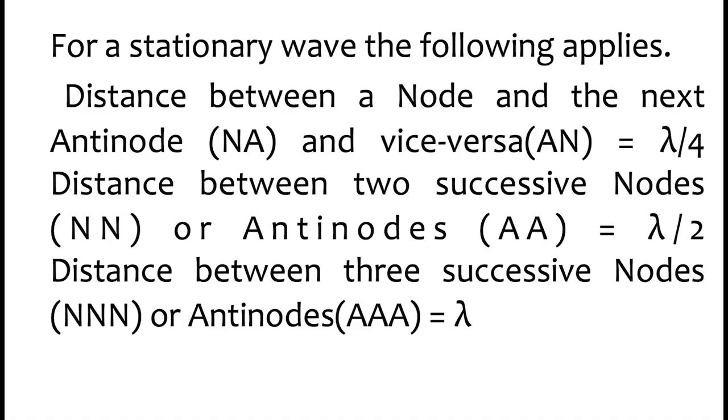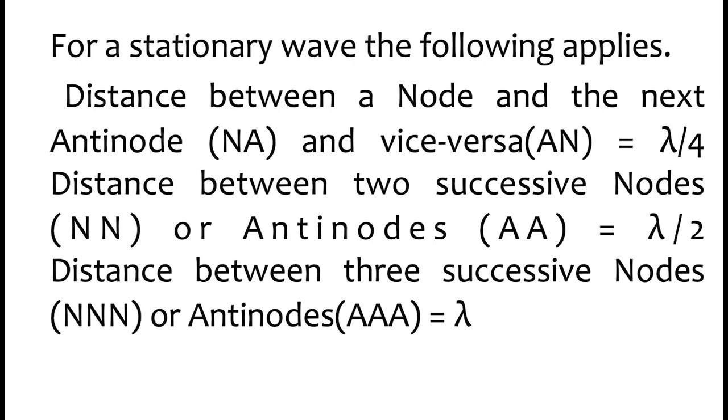For stationary waves, the following applies. The distance between a node, capital N, and the next antinode, capital A, that is NA, and vice versa. It could be between a node and an antinode, or an antinode and a node. The distance between them in terms of wavelength is equal to 1/4 wavelength, lambda by 4.